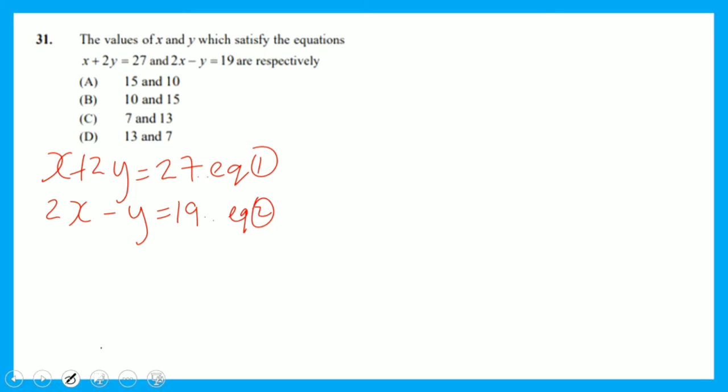If I decide I want to eliminate y, I'm going to look at the coefficients of y in the equations, and I notice right now those are 2 and -1. In equation 1 the coefficient is 2, in equation 2 the coefficient is -1, even if you don't see that one there.